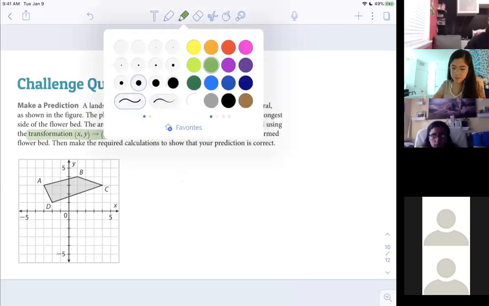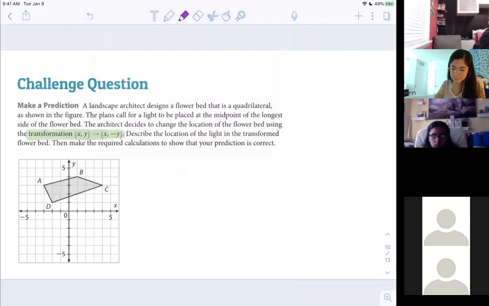What's the other thing we have to figure out? What's the question asking? Describe the location of the light in the transformed flower bed. Okay, the light. What does it say about the light earlier on?